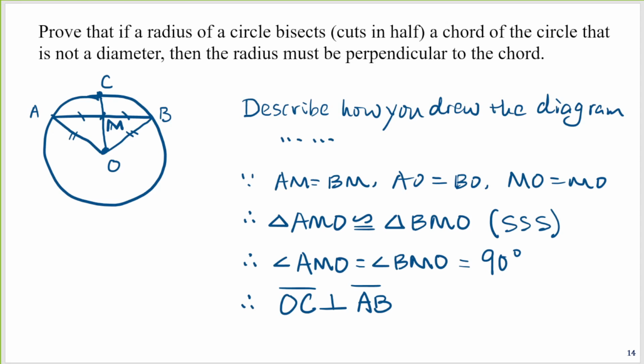Yes? How can we be sure that AMO and BMO equal 90 degrees? Because AMO plus BMO is 180 degrees, right? Yeah. Oh, okay, yeah. Yes.